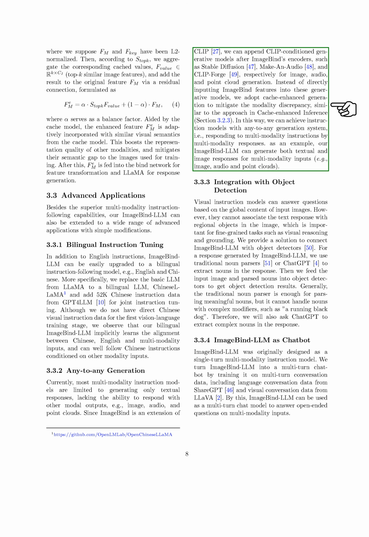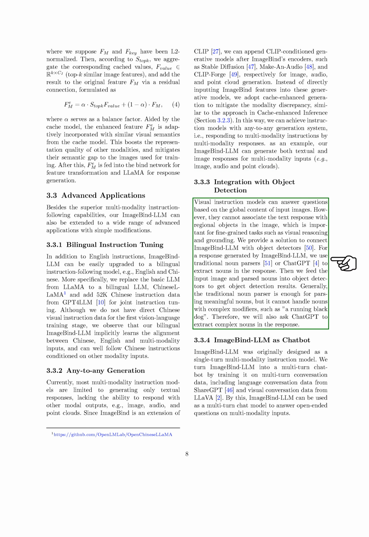This helps to bridge the gap between different modalities, a technique similar to the one used in cache-enhanced inference. This way, we can create instruction models that can generate any type of response to any type of instruction. For instance, our ImageBind-LLM can generate both text and image responses to multimodal inputs like images, audio, and point clouds.